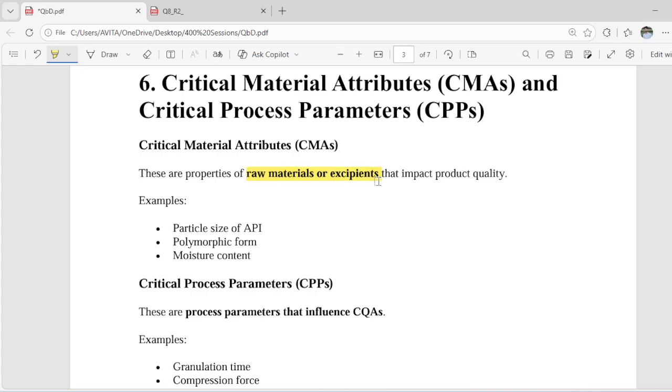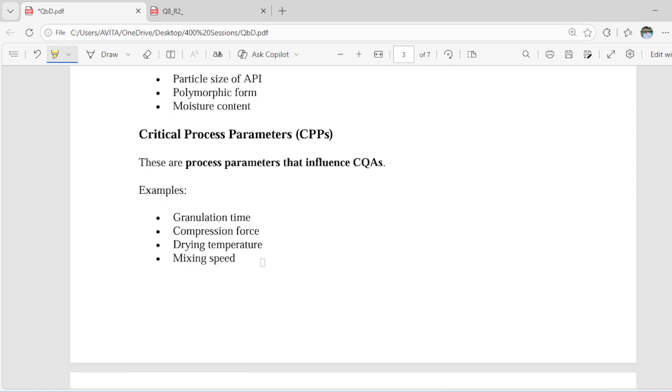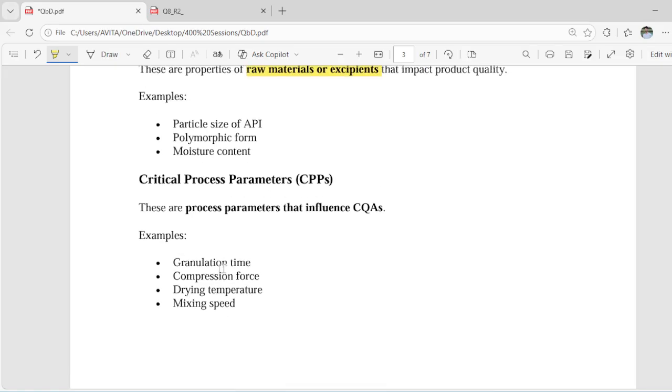The examples could include the particle size of APIs, the polymorphic form of that particular API, as well as the moisture content. The next important attribute we have is the critical process parameters. These are the process parameters that influence the critical quality attributes. Examples are granulation time, compression force, drying temperature, as well as mixing speed.